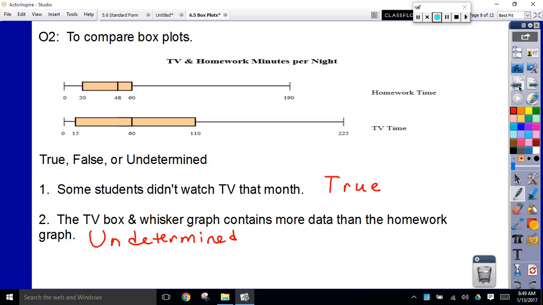So if we go back to the box plot, the interquartile range for homework time would be what? 40. How about the interquartile range for TV time? Athena? 60. No, we need to go from 15 all the way to 110. Rosa? 95.